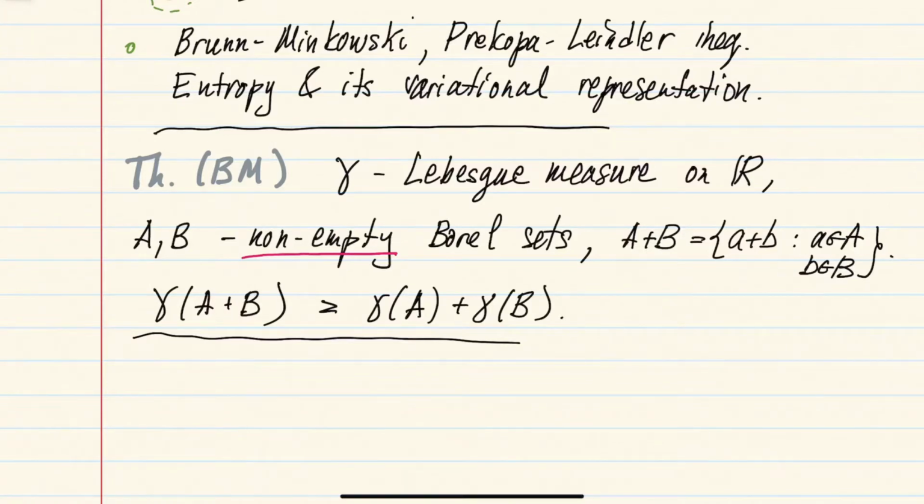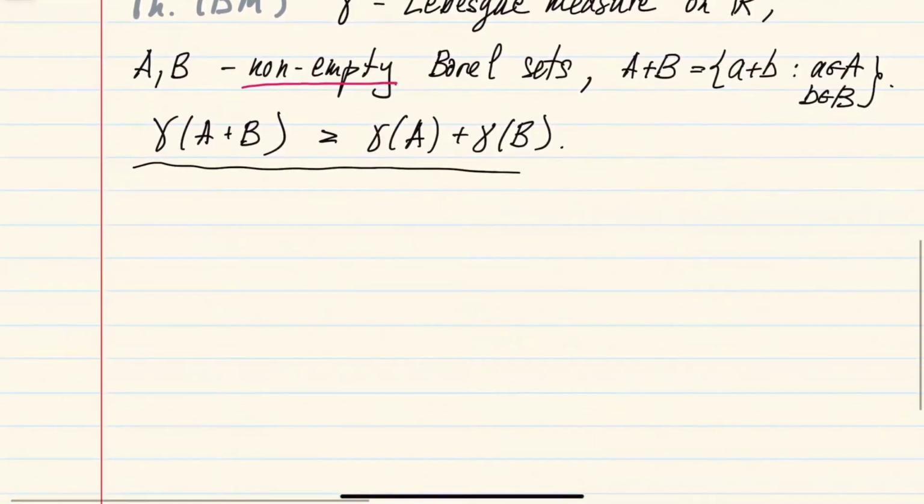Now, the proof of this result on the real line is surprisingly elementary and straightforward when you organize it in the right way, and so I'm not going to go over this here. I will leave this to the notes and go to the next result, where this Brunn-Minkowski inequality on the real line will be used.